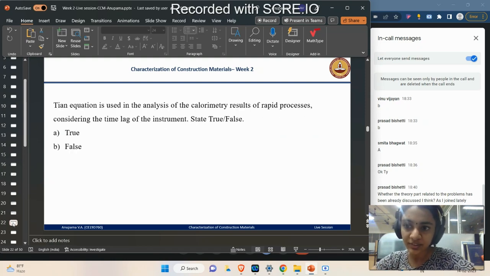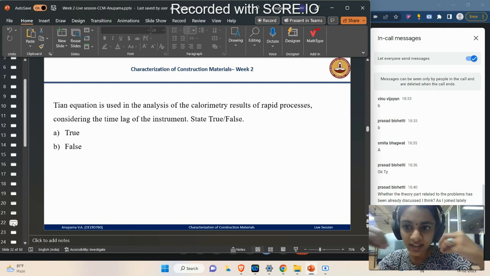The Tian equation is used in the analysis of calorimetry results of rapid processes, considering the time lag of the instrument. State true or false. So it's just a true or false question. Obviously, it's not like when you keep the sample inside, immediately the instrument will start producing the result, or there's some time lag.